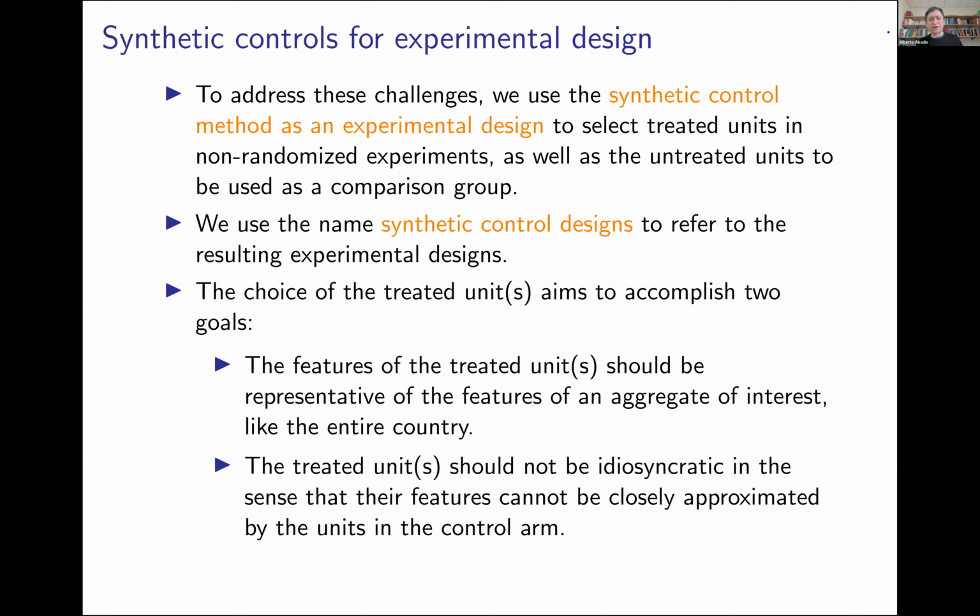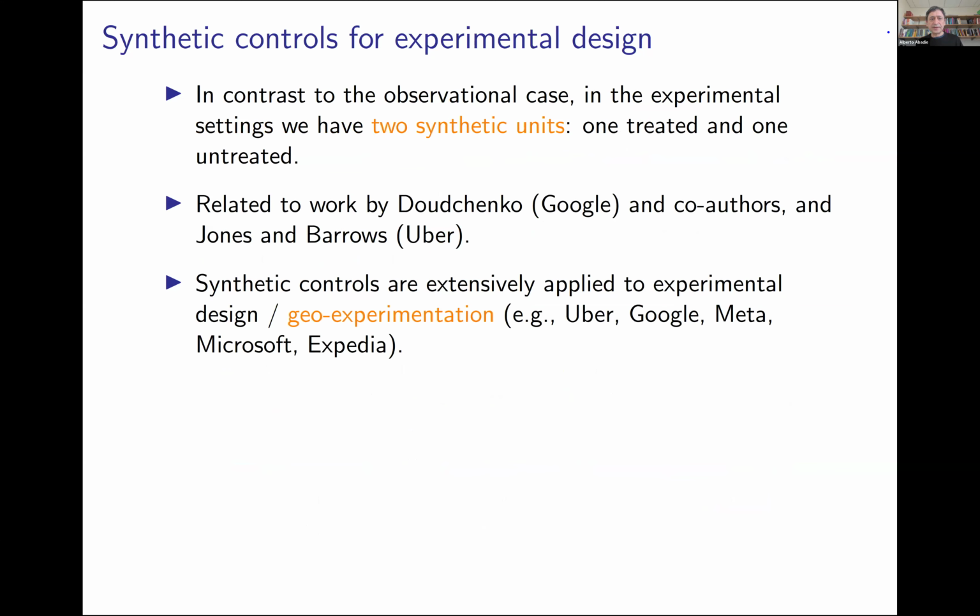And these two goals are typically in tension. You will see that in contrast to the observational case for synthetic controls, in which the treated unit is given to us, here we have to choose both the treated unit and the control unit. So we're going to have a synthetic treated unit and a synthetic control unit.